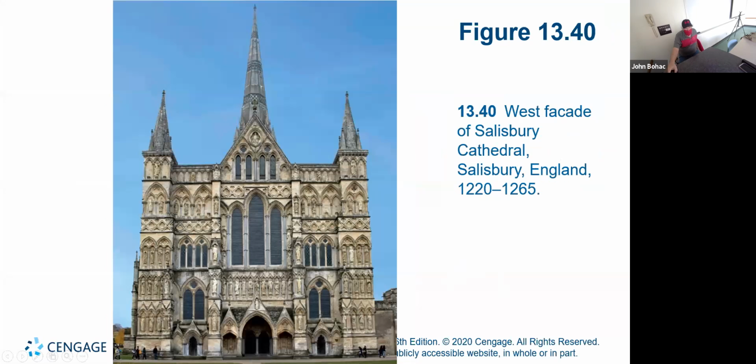Salisbury, England. England has a wealth of Gothic cathedrals, each a little bit different in terms of style. Basically the same motivation, basically the same kind of cues, the vaulted, pointed archways, the sculpture.